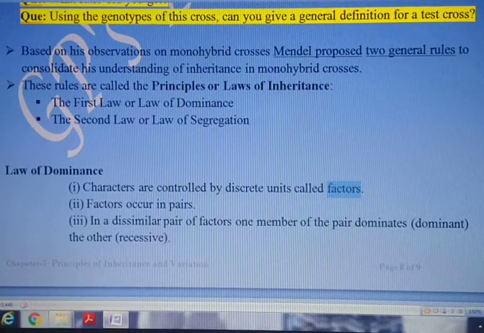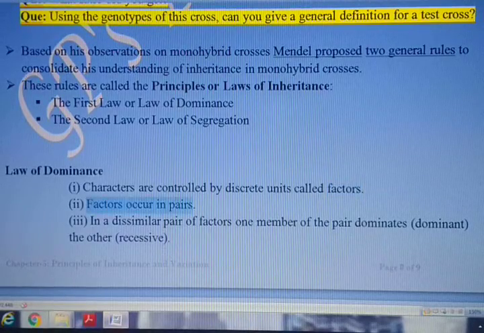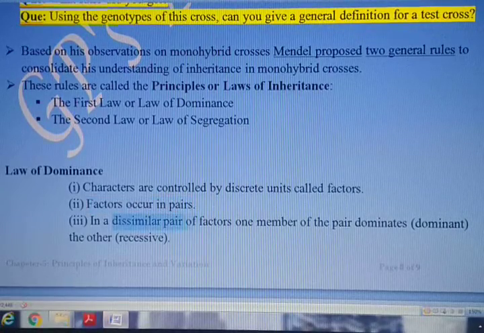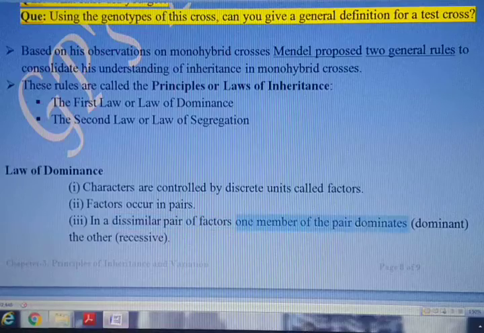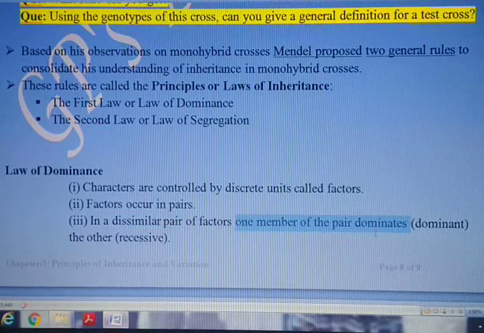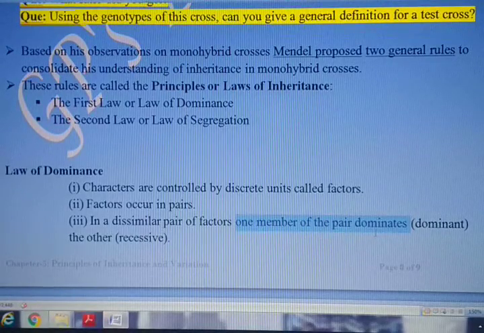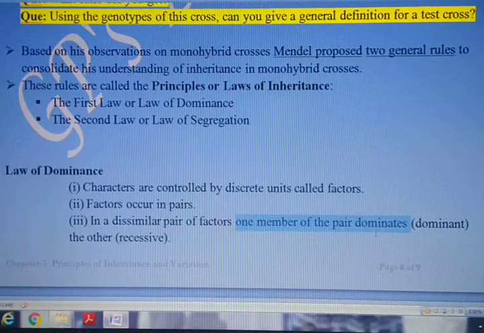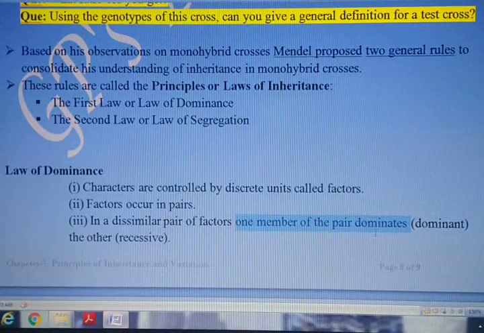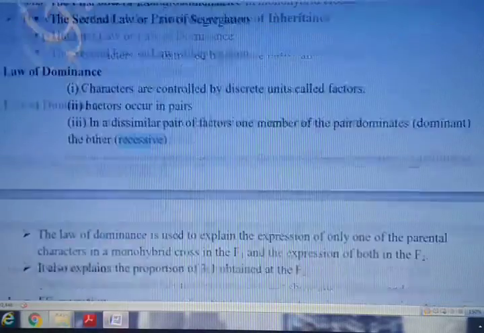And whatever factors are responsible for development of characters, they occur in pairs. In case of a dissimilar pair of factors, one member of the pair is going to dominate the other one. Means one member of the pair of factors is going to behave like a dominant factor and the other one will behave like a recessive factor.